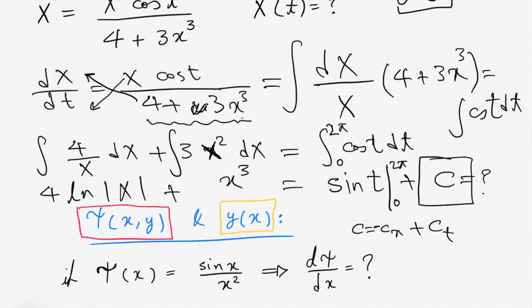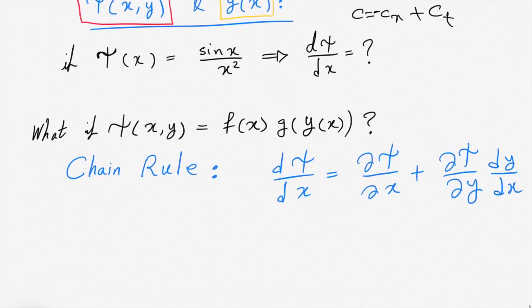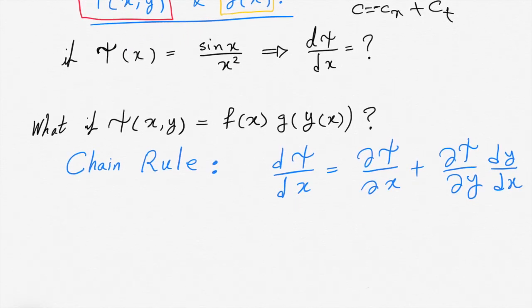If you have a function like psi, which is a function of x and y, which y is itself a function of x. So first let's say that this psi is just a function of x, and just solve this easy, like we want to take the derivative of it.